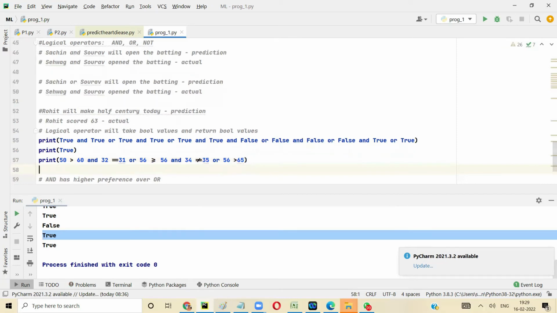Take your pen and paper, solve this and tell me what the answer will be. Sir, true. True? Yes. So what does Sudeep say?